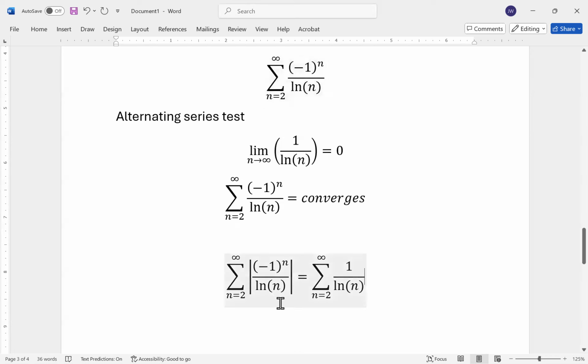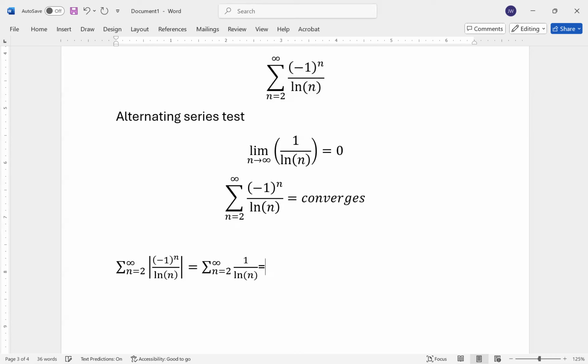So basically, I'm getting the natural log of n, which is always going to be positive. So the absolute value of the natural log of n is always just the natural log of n.